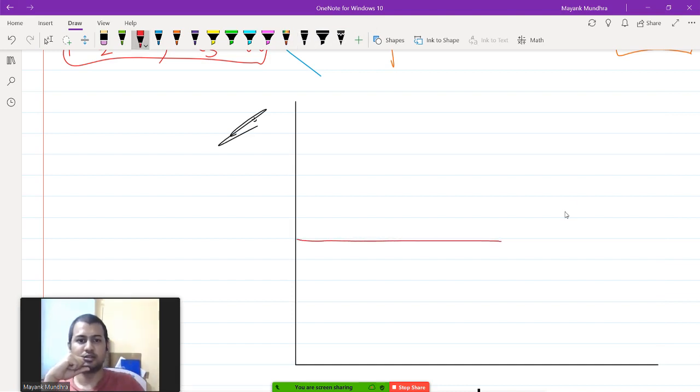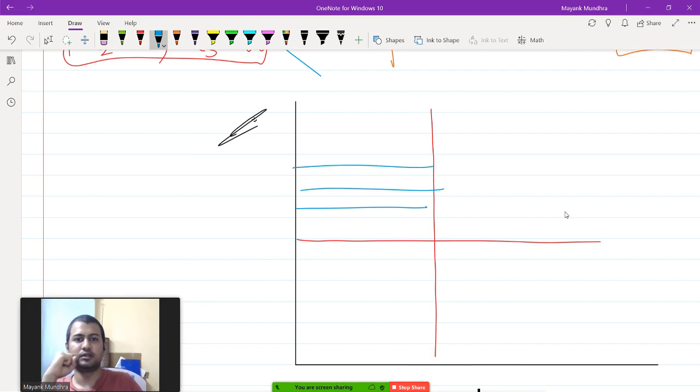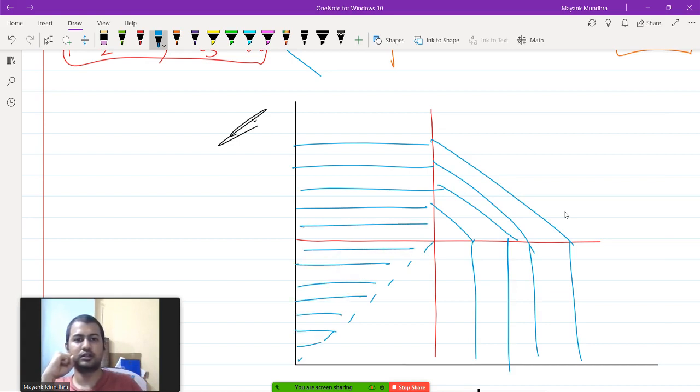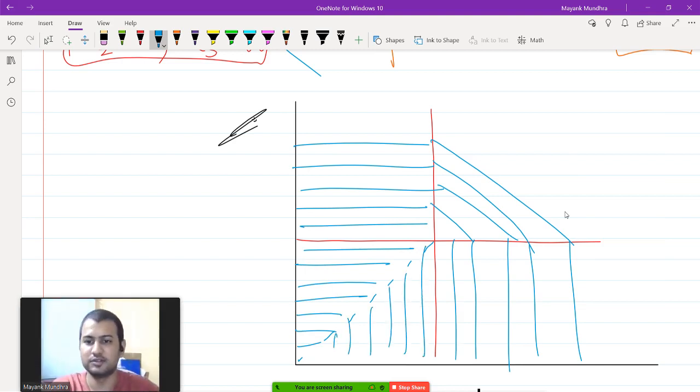So the regions are going to look like this. In here the ICs will be looking like this. In here they look like this. In here they look like this. And here you can just draw a line. This will continue to be horizontal like this and they will continue to be vertical like this.